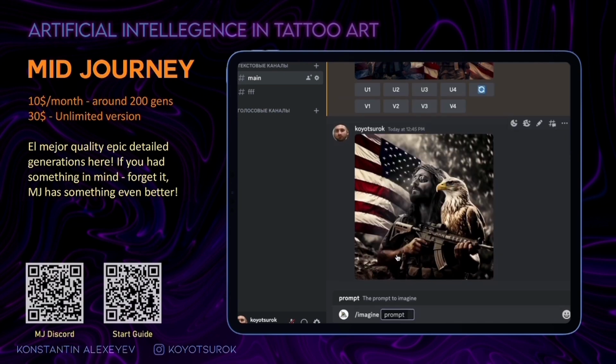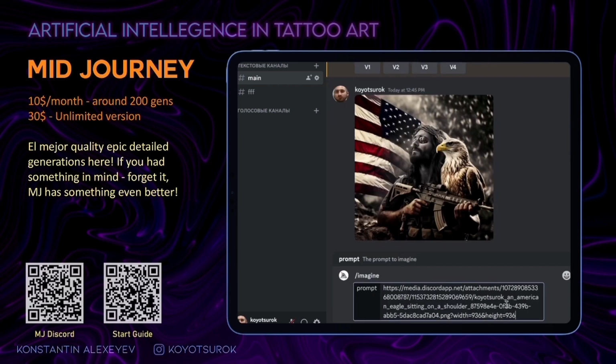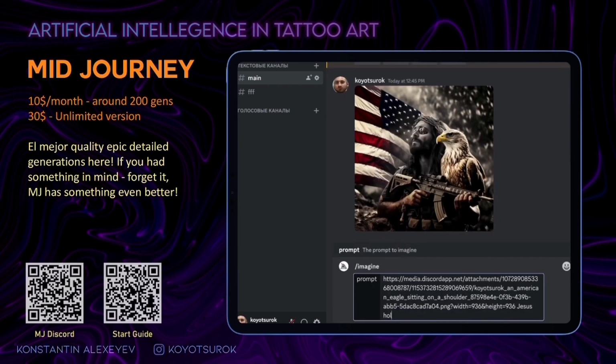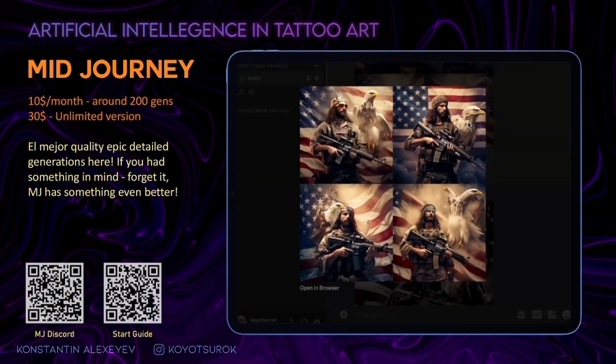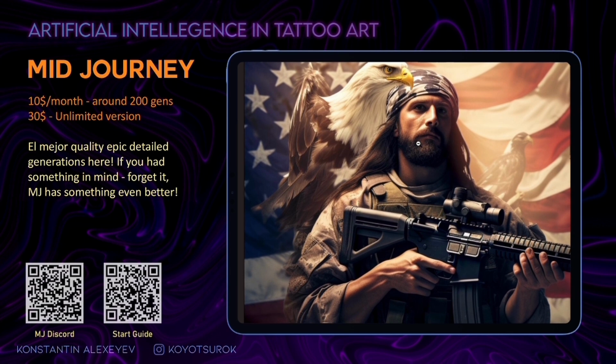Paste it right after imagine prompt, then any prompt you want. You'll get a very similar picture, but in a more artistic way. Also, you can add any other styles here and control how far the results deviate from the original image.